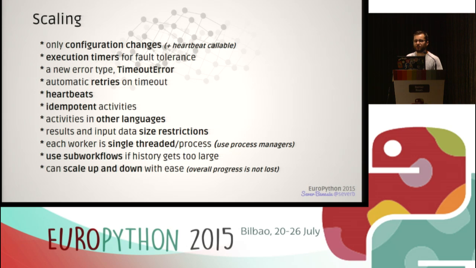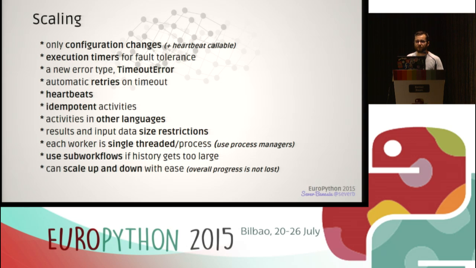There are some additional configurations that you have to do that happen outside of the code, so they are not part of the code. Because when you scale and you want to run the workflow on multiple machines, in a distributed system there can be all kinds of failures.